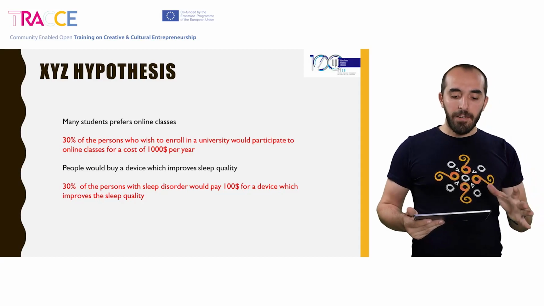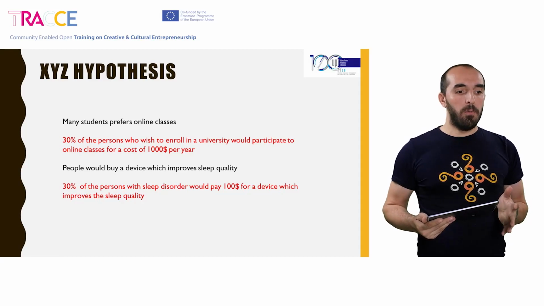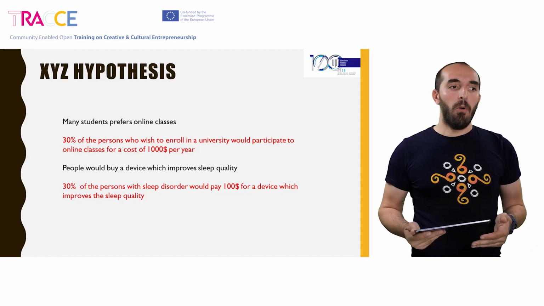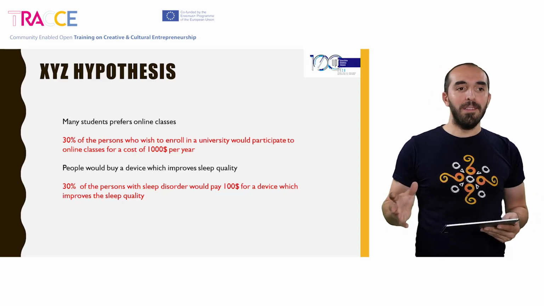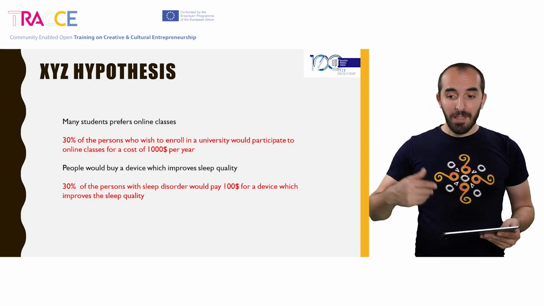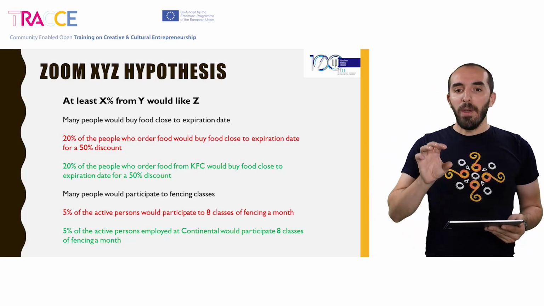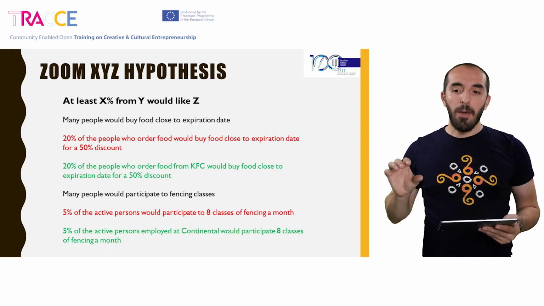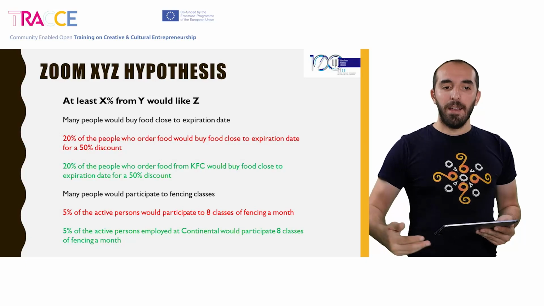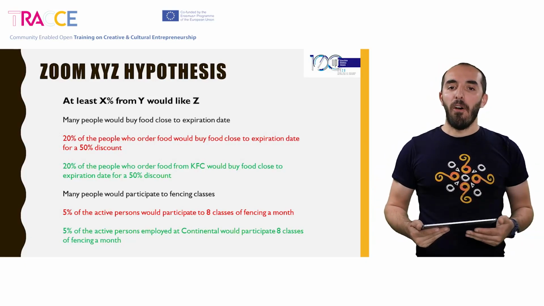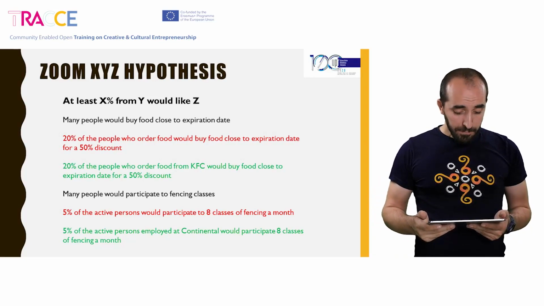Again, this version of the hypothesis is still too general because we don't know how we can actually test this. Or we may find a solution, but it may be too expensive because we would need to speak to a lot of people. So the next step here would be to zoom in even further to see if we can test this XYZ hypothesis at a very small level. And afterwards, we can try different versions of our idea in order to find the proper one that we can actually use.